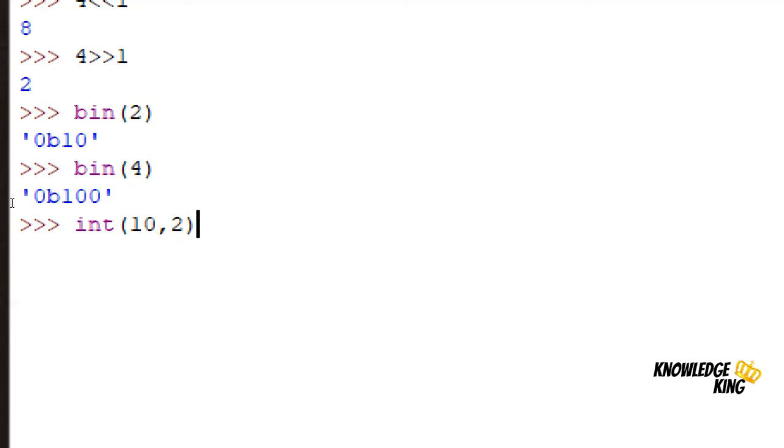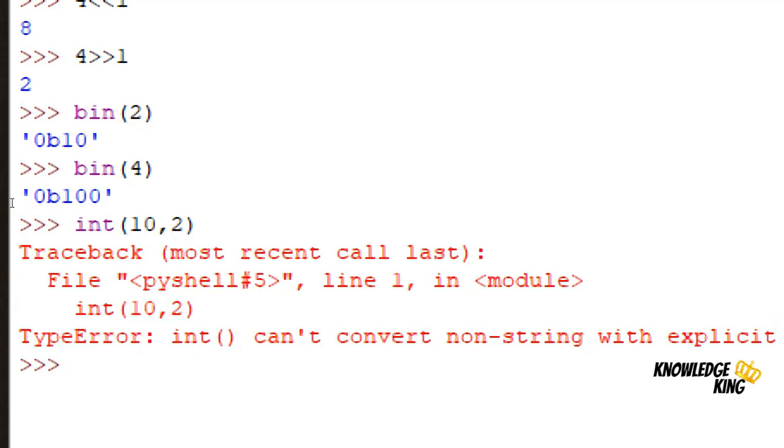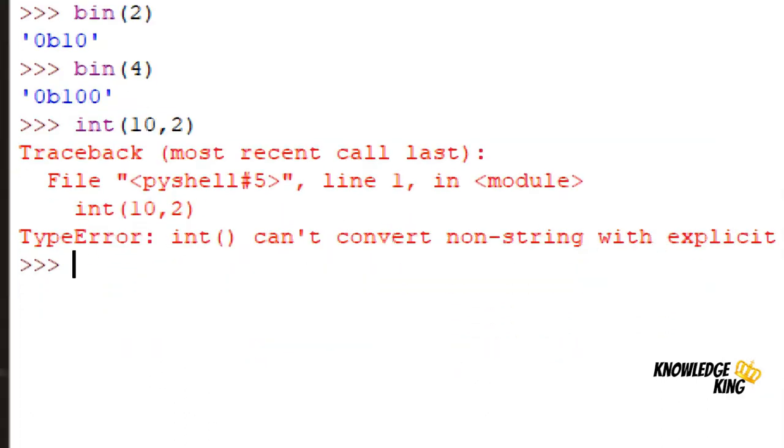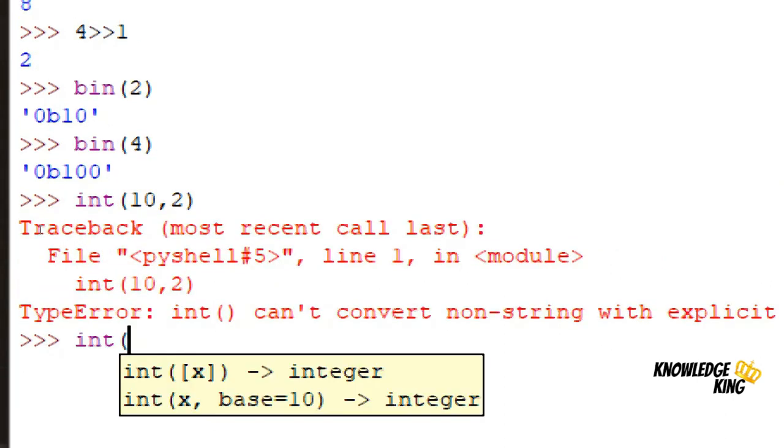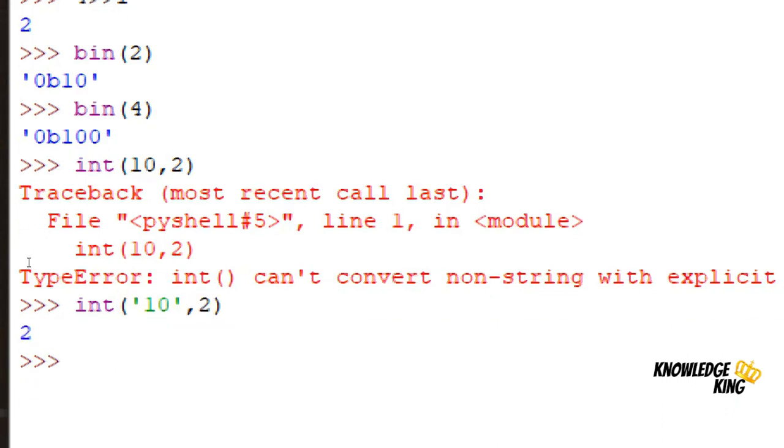This is the base value. 10 base 2 means a base 2 value, that is binary, and the result is 2. Sorry, we cannot give an integer value when converting explicitly, so 10 comma 2 is nothing but 2. And similarly, int of a binary value like 0b and so on, comma 2, will result in the decimal value of that binary representation.